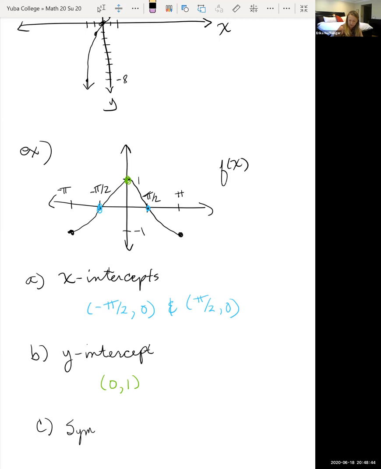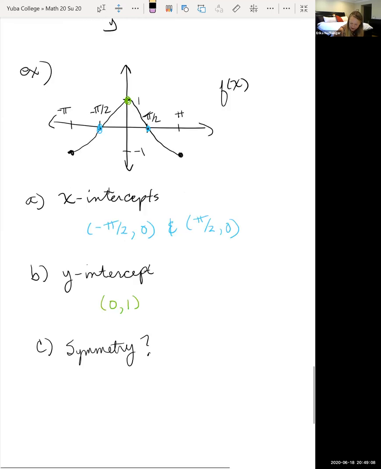Is there symmetry? If so, where is it symmetrical? What is it symmetrical to? So if we take that and we folded our paper across that y-axis, right, we'd have a mirror image. So it's symmetrical to the y-axis.